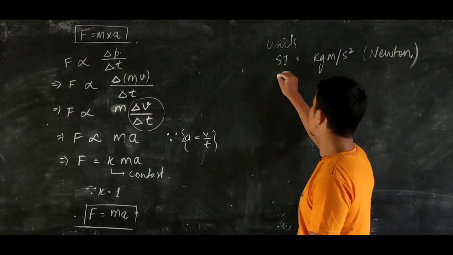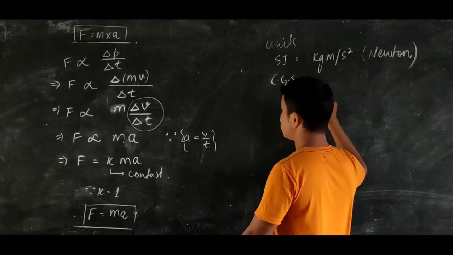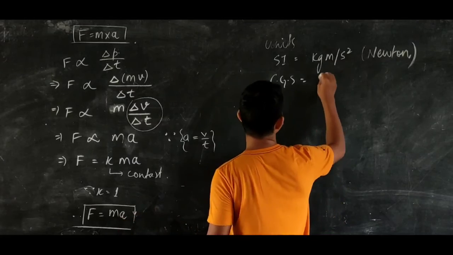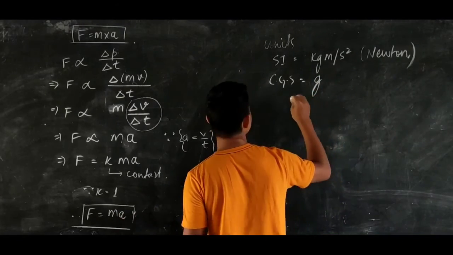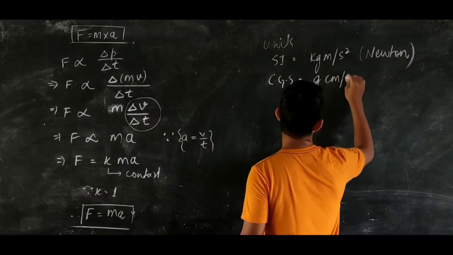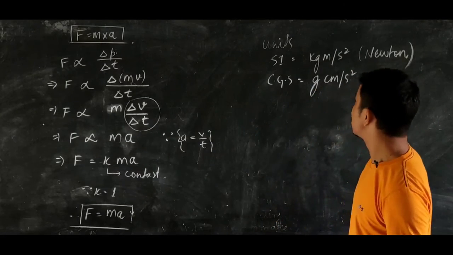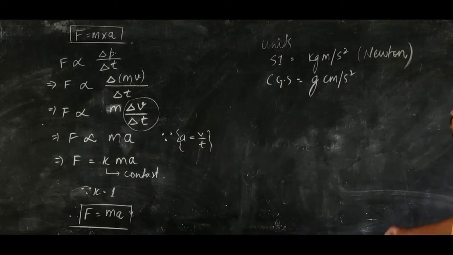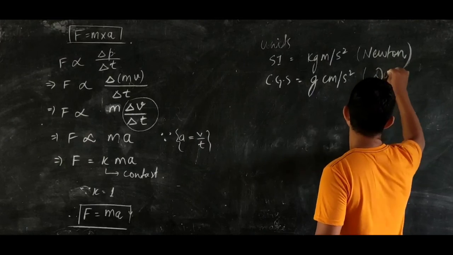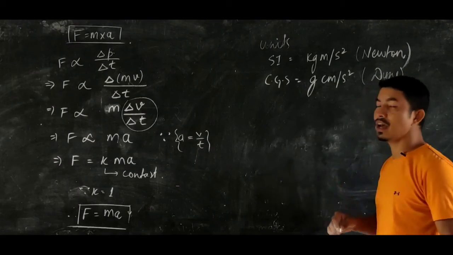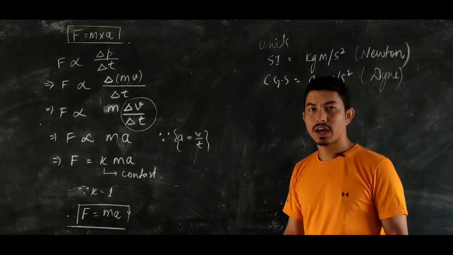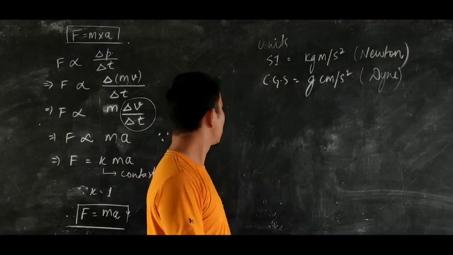And the CGS unit: in CGS units the mass is measured in grams and the acceleration in centimeter per second square, and this gram centimeter per second square is called a dyne. So the SI unit of force is Newton and the CGS unit of force is dyne.